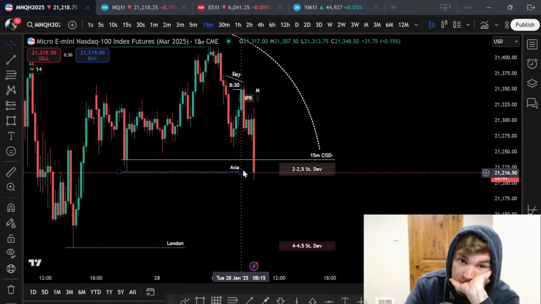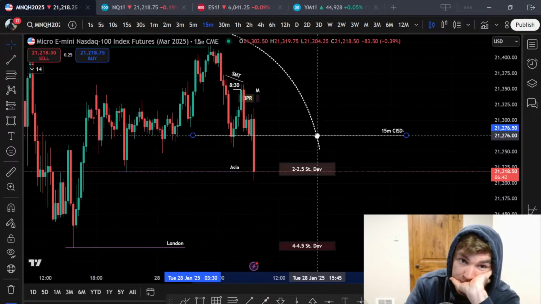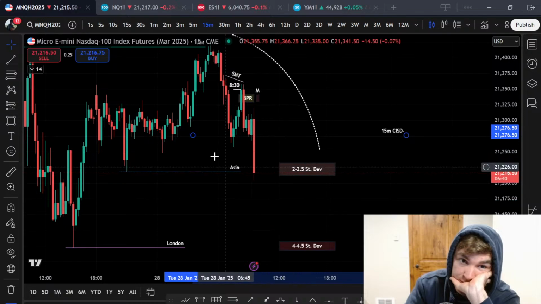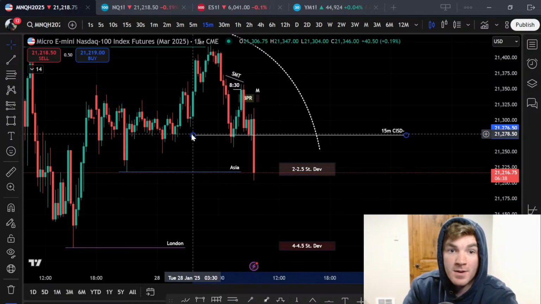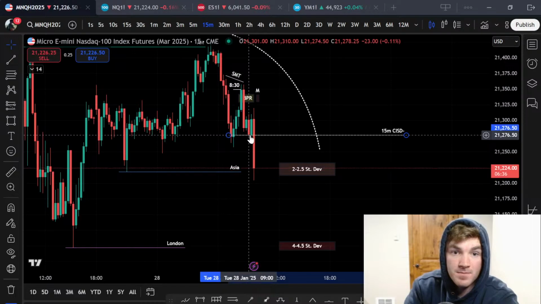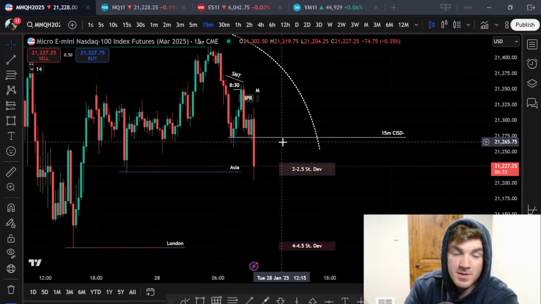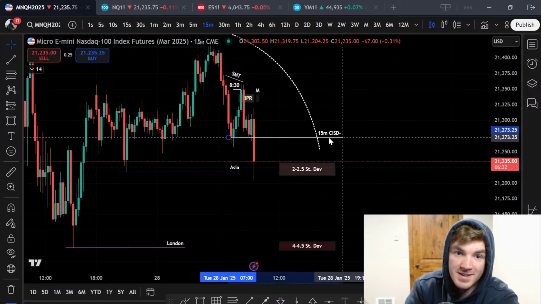Maybe you would want to enter on the retest of this one. That might give you better RR. But then you run the risk of, are we going to come all the way back up there?